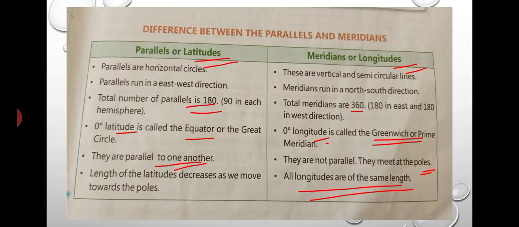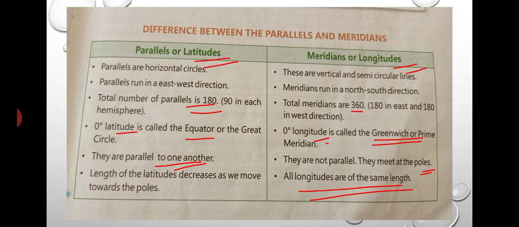Lastly, let us have a quick recap. You have already studied the differences between parallels and meridians, but these differences are very important to keep in mind for future reference. Parallels are horizontal circles. Longitudes are vertical as well as semicircular lines. Parallels run from east to west, and meridians from north to south.